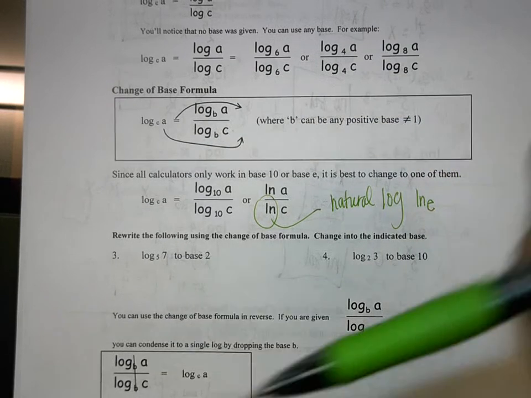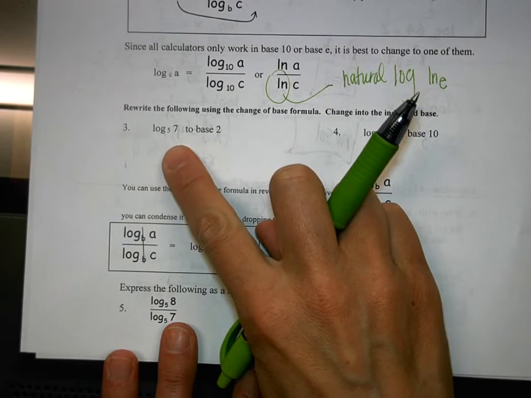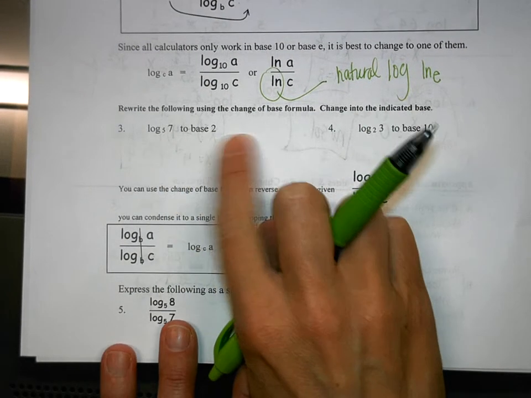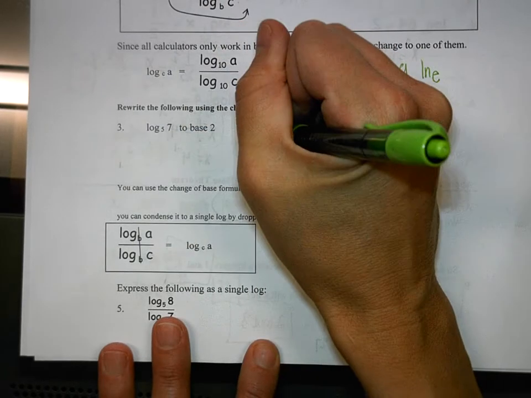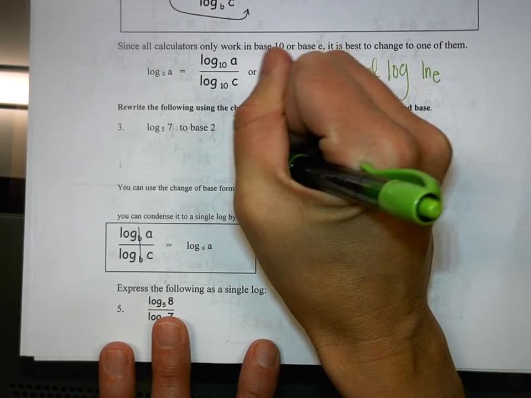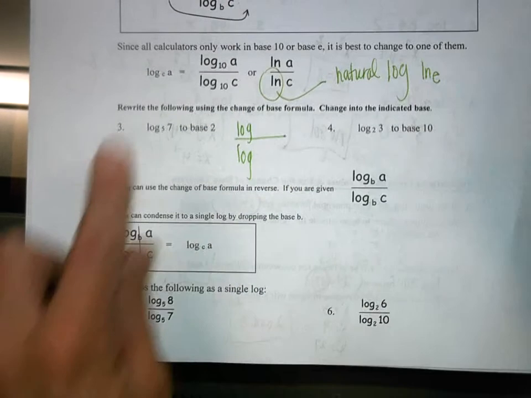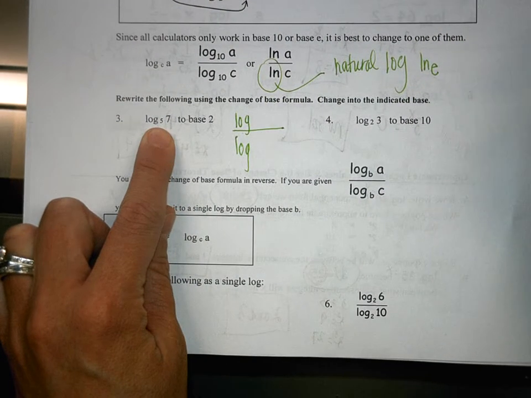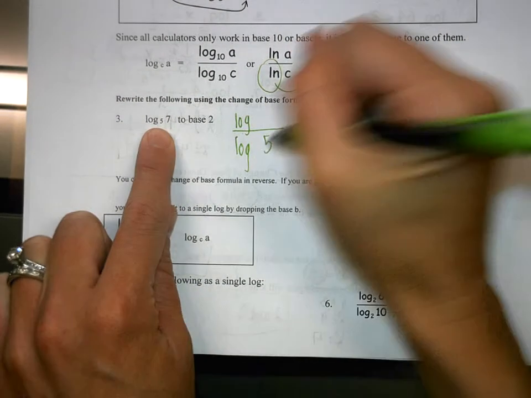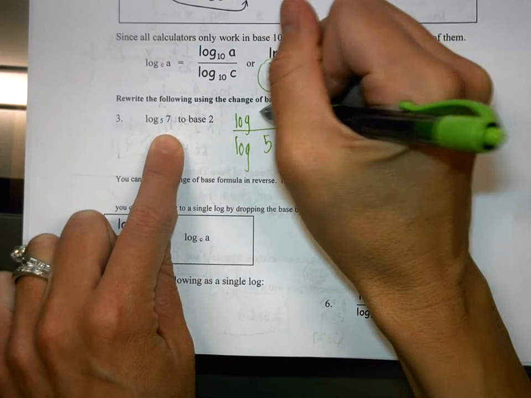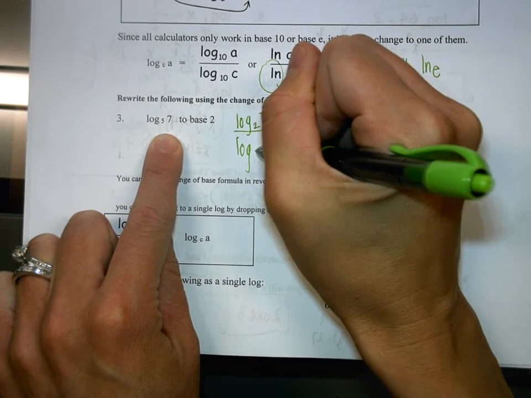So if I'm changing log base 5 of 7 to log base 2, I normally will rewrite it first as log over log. The base part goes to the bottom, B and B, and the 7 stays on top, and then I just do the 2 for the base. That's it.